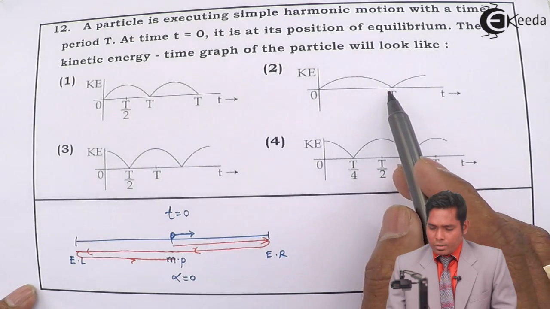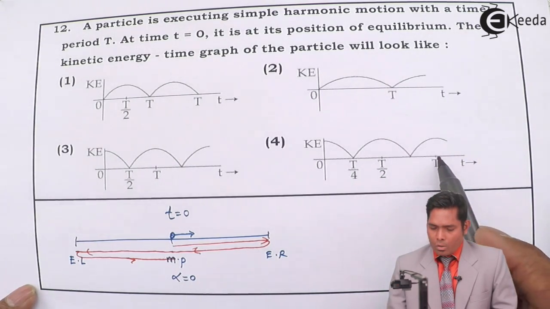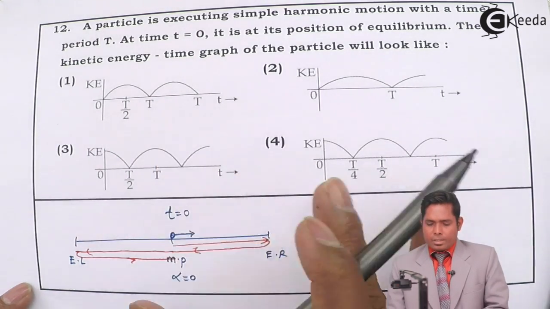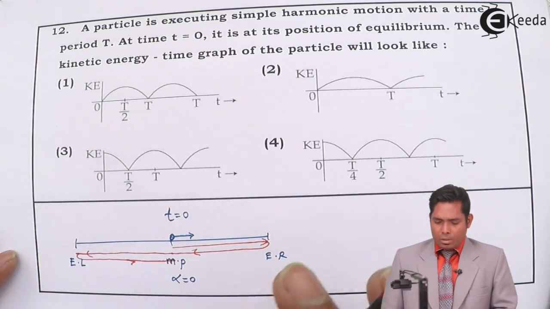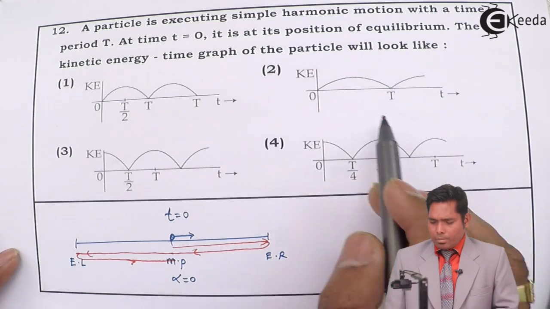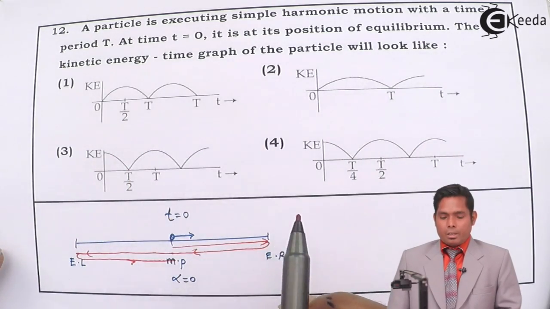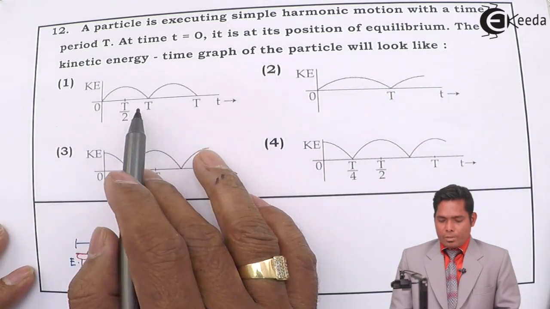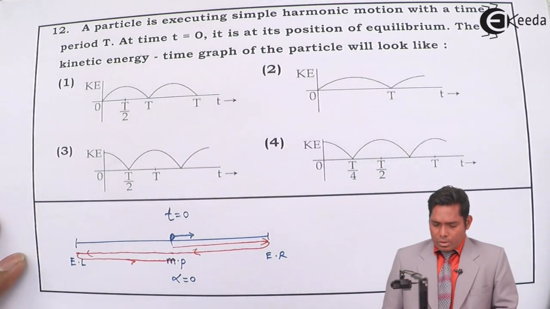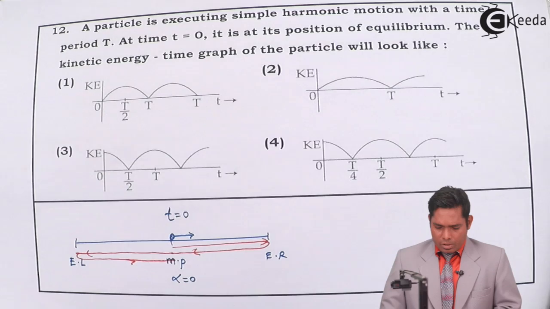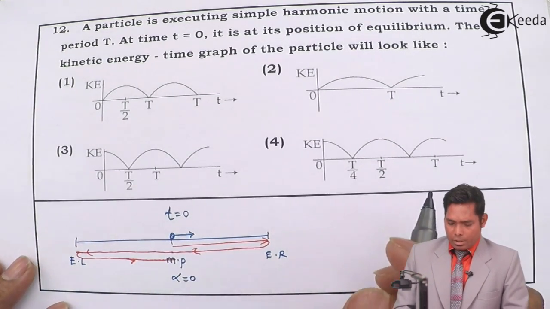So the graph is to be drawn for one time period, and let us check which graph is probably matching. The nature of each curve is the same, but the difference is in the t values that we have to look for. Anyway, first of all, I'll help you get the equation, then I'll tell you how the answer is done.